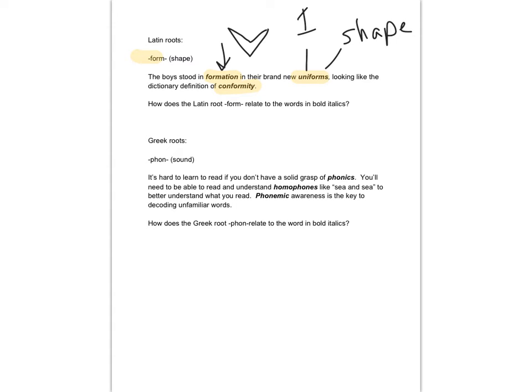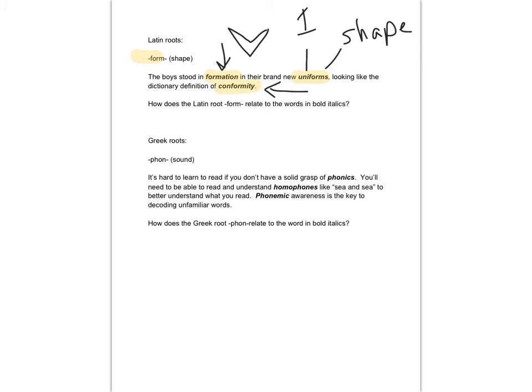The last word, conformity, refers to a behavior where you're following along and doing what everyone else is doing. So if you are conforming or practicing conformity, you are following one shape of behavior, one shape or standard of what is expected of you. So conformity, I think about my favorite movie, Mean Girls.